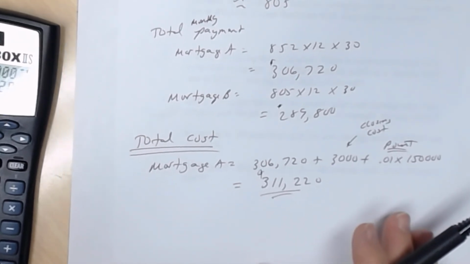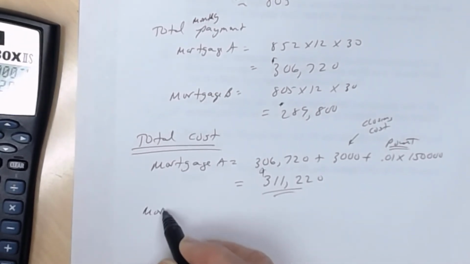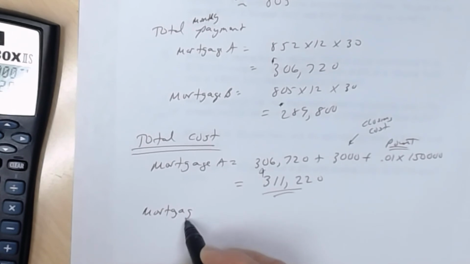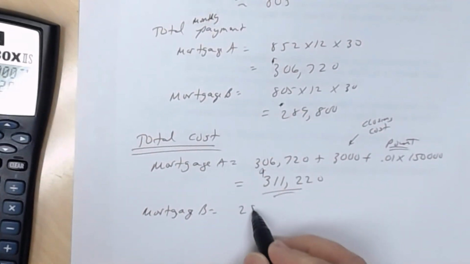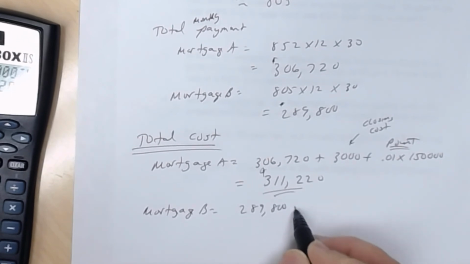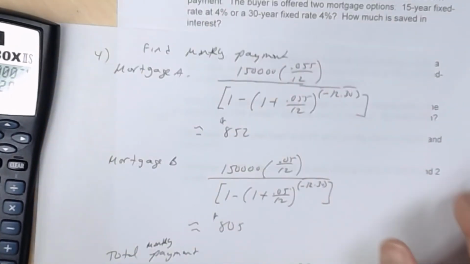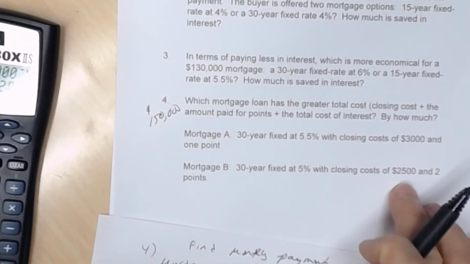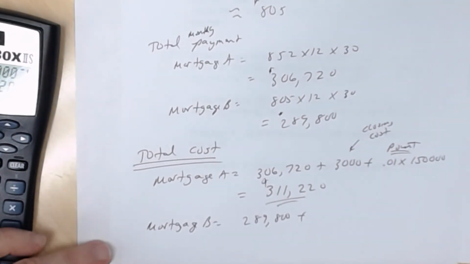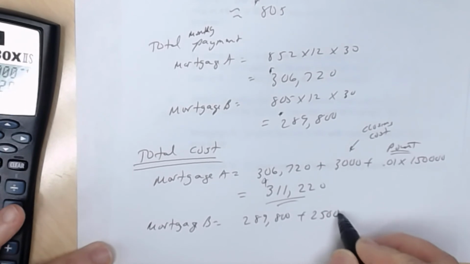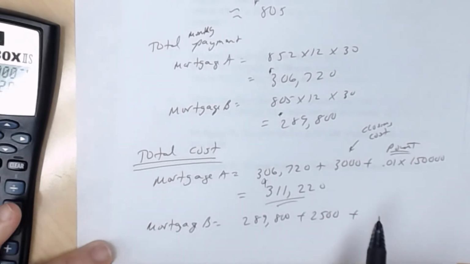For mortgage B, do the same thing. So $289,800 plus the closing cost in this case is $2,500, plus the points. Now let me just say this.